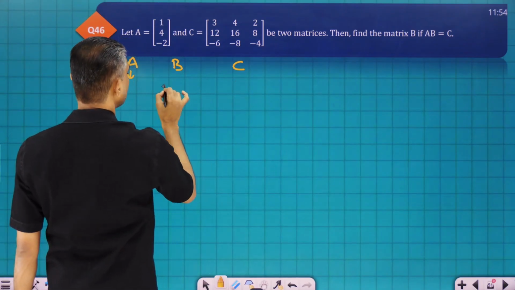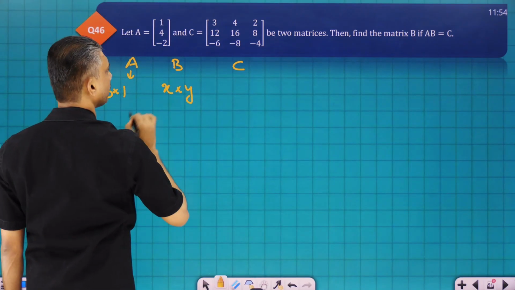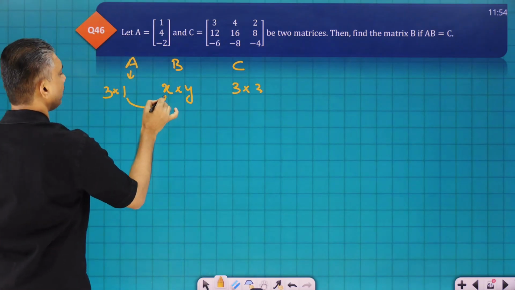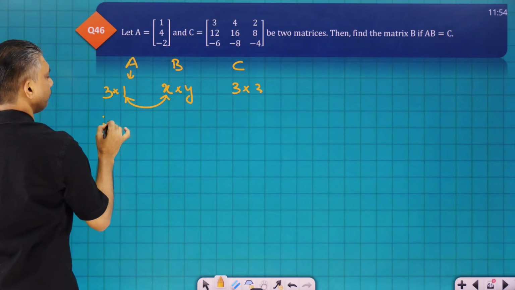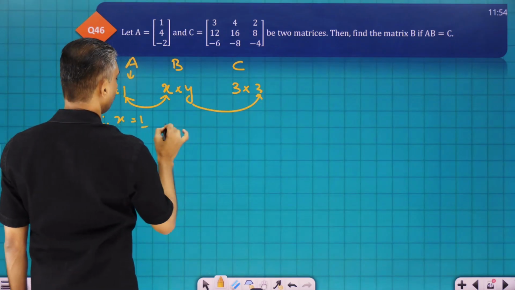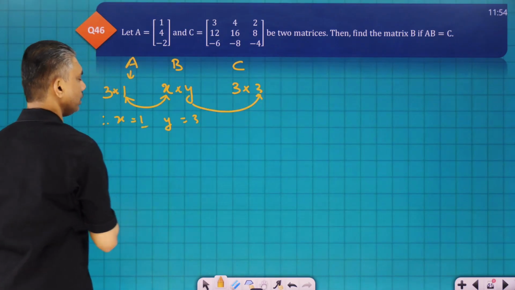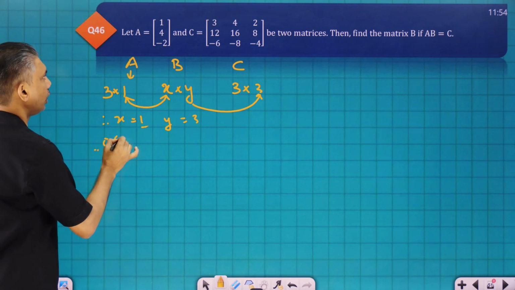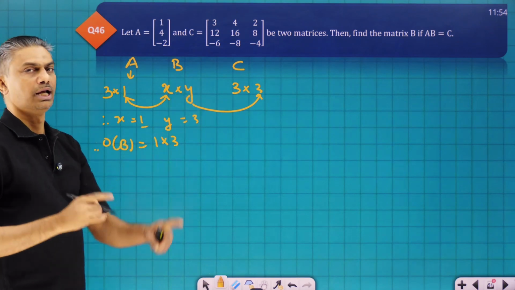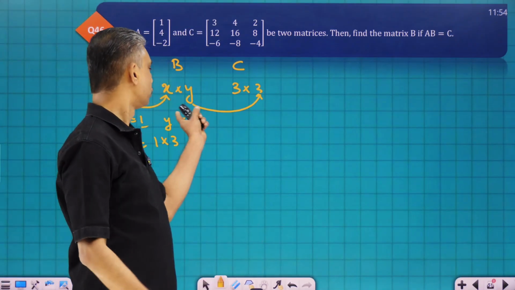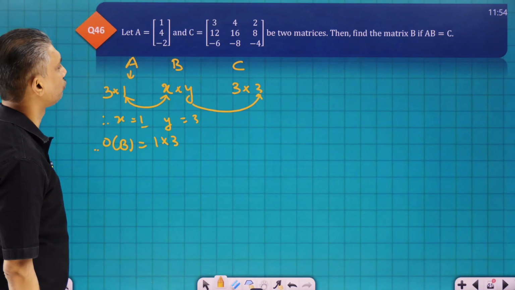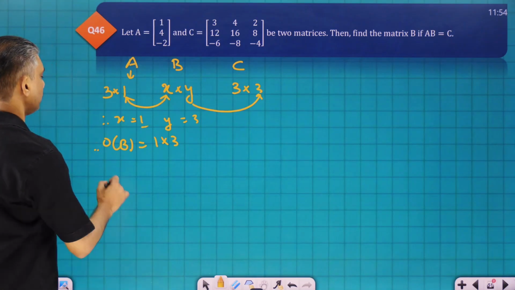And suppose B is X by Y. And C is 3 by 3. So what will be X? Therefore, X is equal to 1. What will be Y? Y equal to 3. Therefore, order of B should be equal to 1 by 3. I explained this in the previous question. So, order of B should be equal to 1 row and 3 columns.